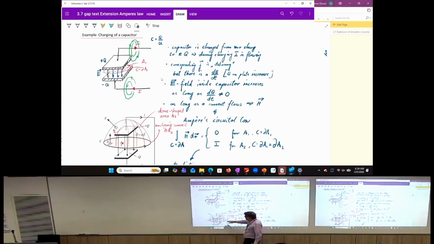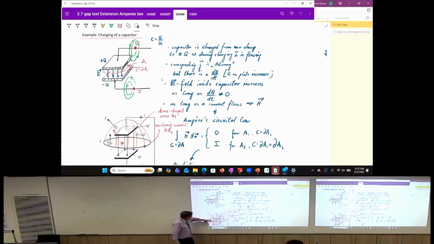But then the second assumption is if we have a dome-shaped area that basically has its contour line at the same location as in the problem above, and this dome is open at the bottom, then you can evaluate your integral over the current density over this area, and you find that you get the current that is flowing on top through this dome to carry the charge from or to the electrode here.